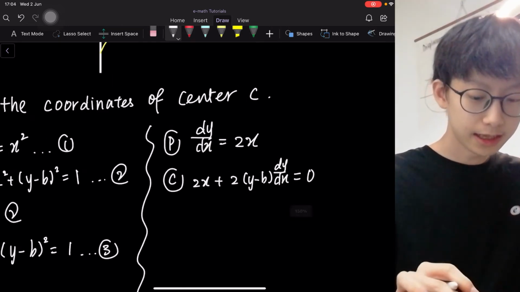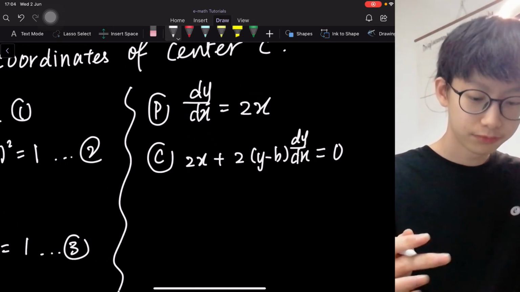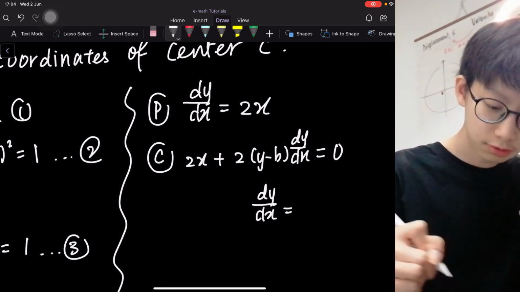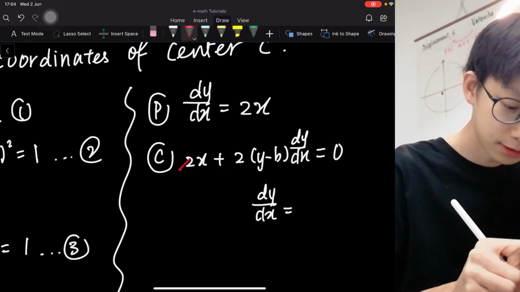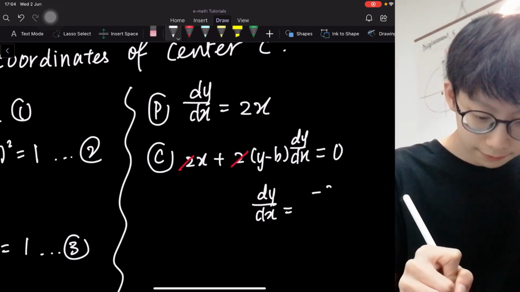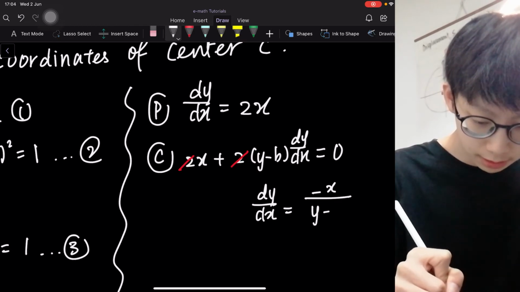Then you just try to rearrange it. dy/dx equals, before that I think we can cancel out this 2 and 2, negative x over y minus b.